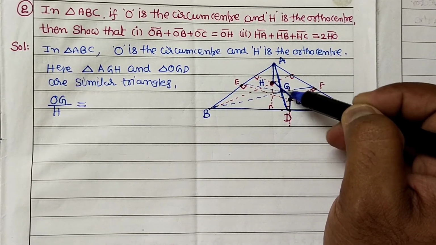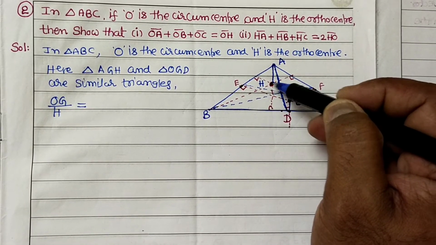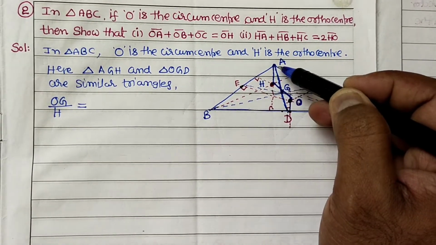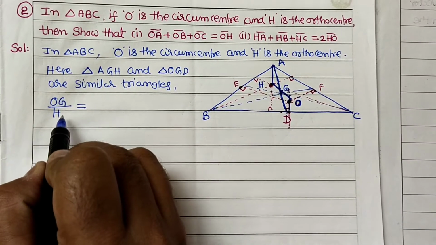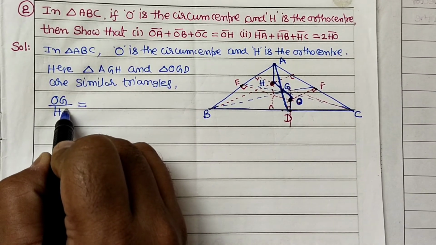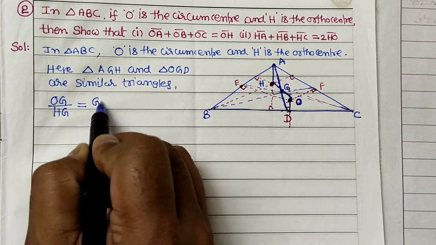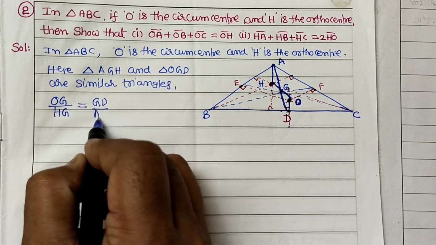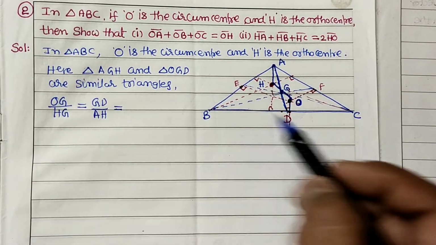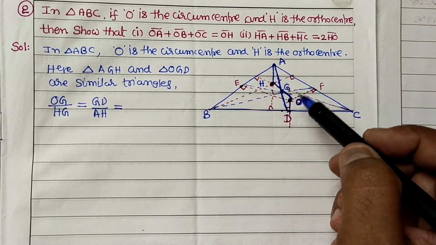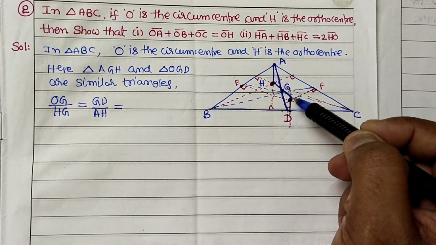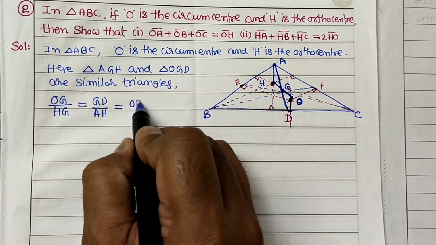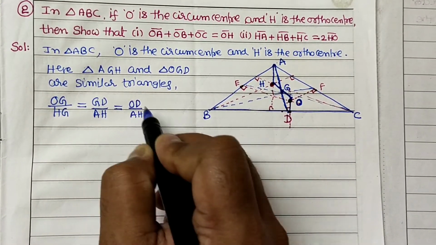First we are taking this triangle now, so OG is over GH. Next for this triangle, GD by GA, GD divided by AH, which is equal to, next, OD divided by AH.